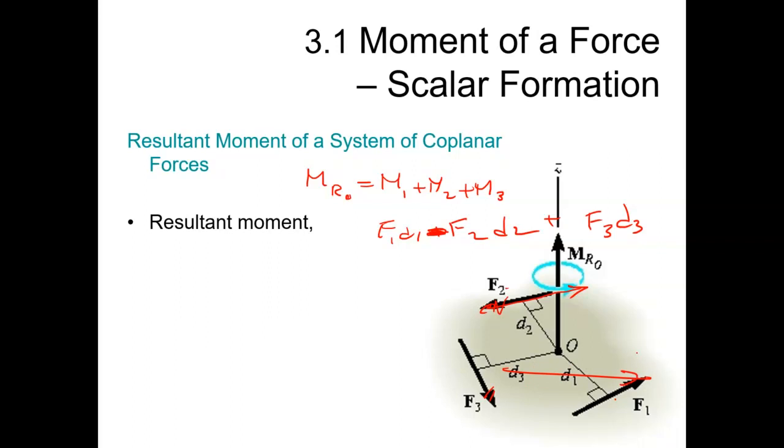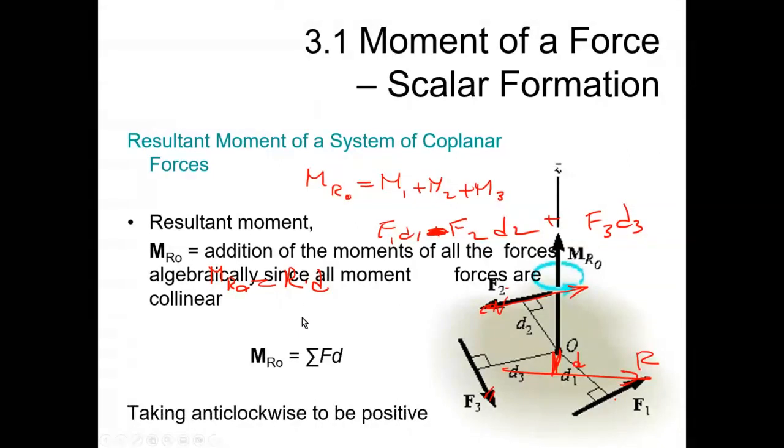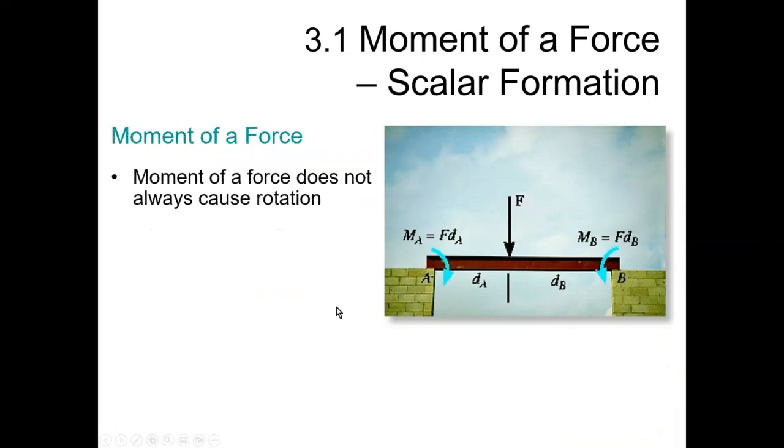For that resultant force, I need to find the shortest distance, which I call D. Then MRO is the resultant force multiplied by the shortest distance from the resultant to the point of rotation, which is D. So mathematically, that is how we explain that. But don't worry about the mathematics. We are going to see this shortly in an exercise.